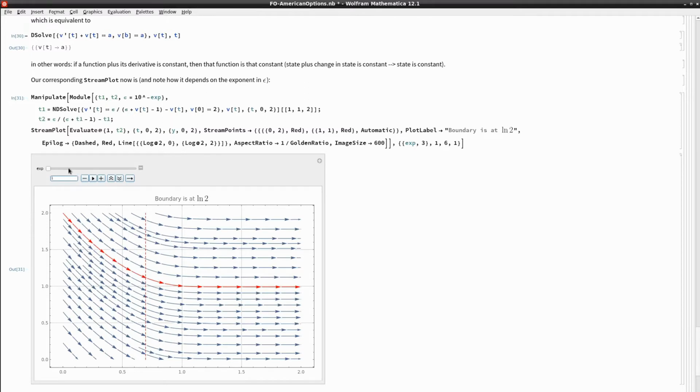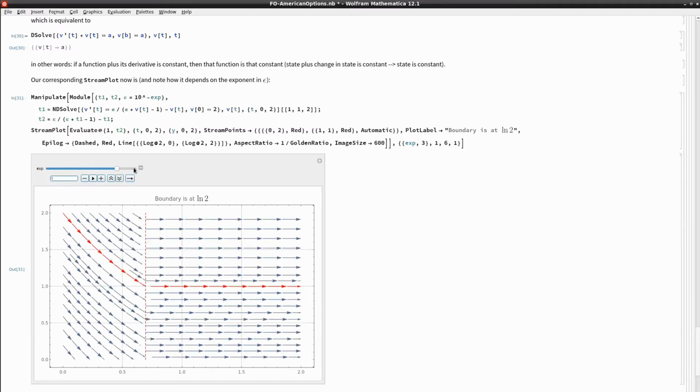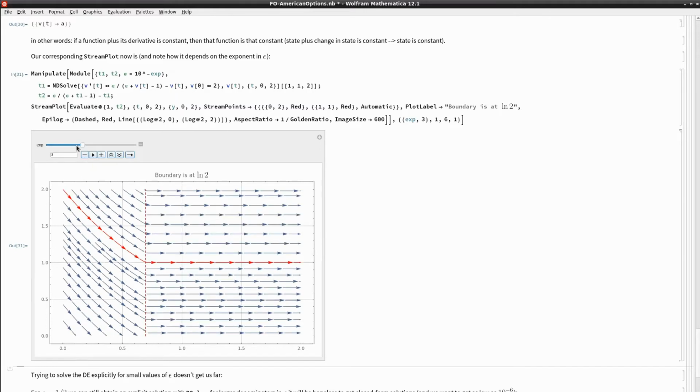But as we increase the exponent then we are decreasing epsilon, and we see that for our epsilon 10 to the minus 6, so 1 over a million, we get a very good solution. We get a really good fit on the left side, that is 2 times e to the minus t, and we have a constant 0, a constant 1, change 0 on the right. Okay, so our quality depends on a small value for epsilon.